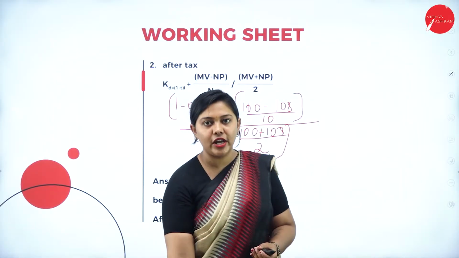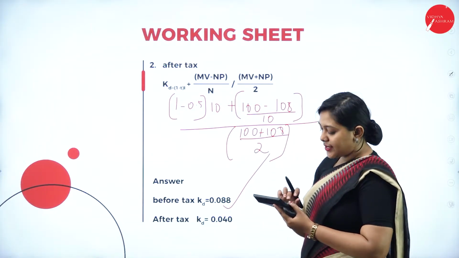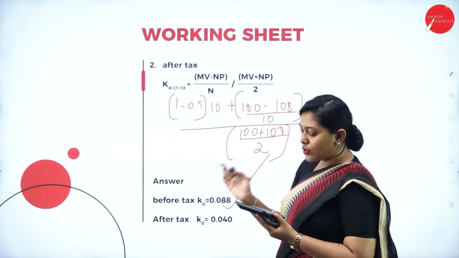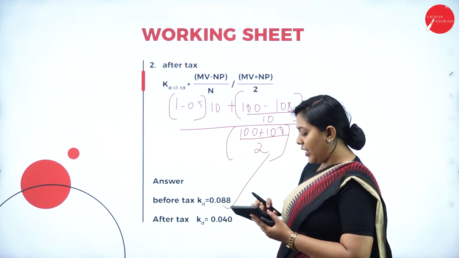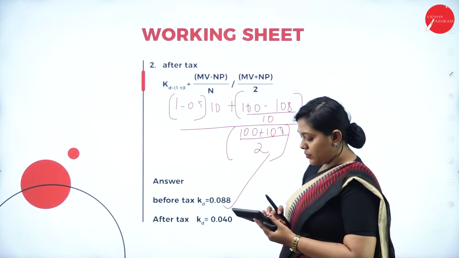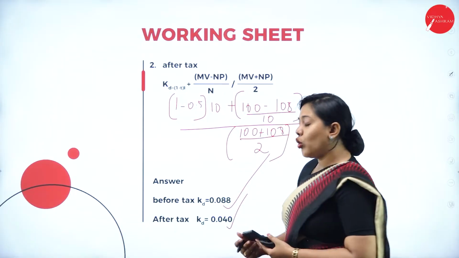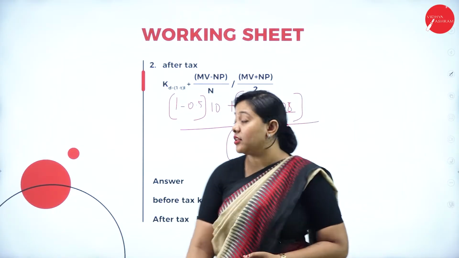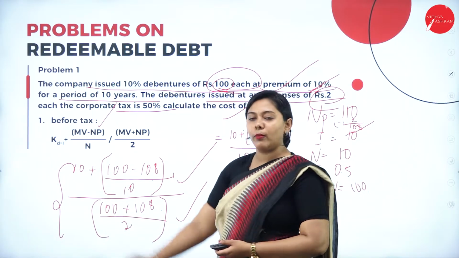So what answer have we got? Let's substitute. 1 minus tax rate, 1 minus 0.5 is 0.5 itself. So 0.088 into 0.5, it is 0.044 is the answer. So similarly, it's very easy when you get your before tax problem right.